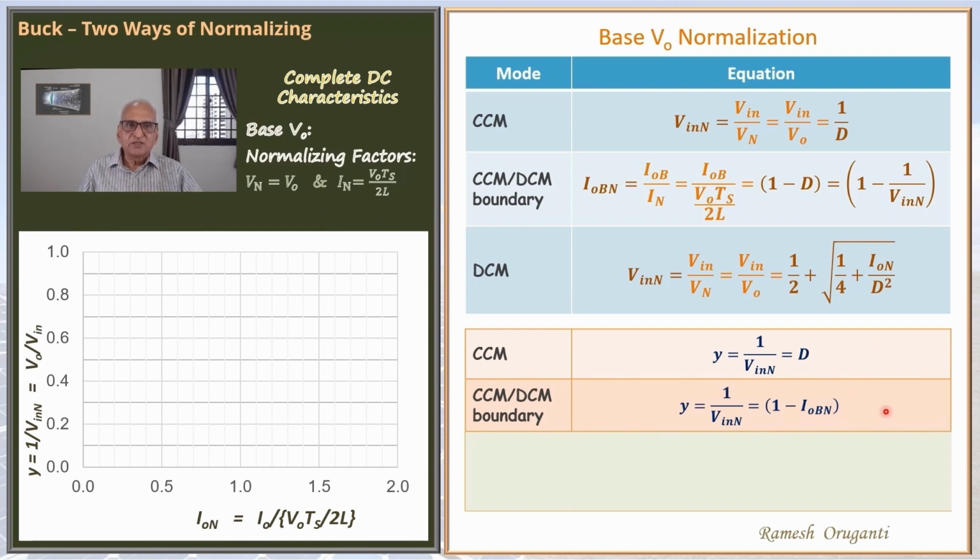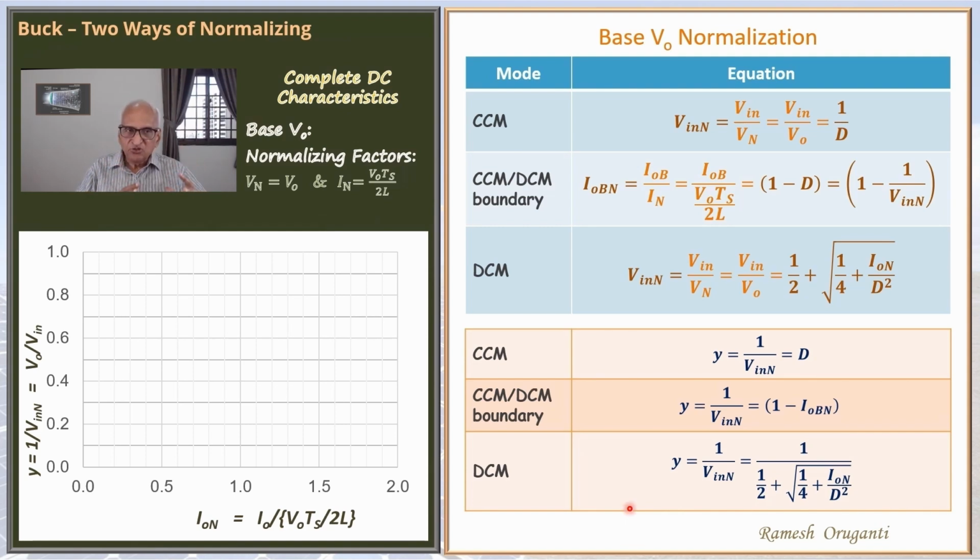Then the last one, the DCM equation will be Y equals 1 over VinN, which will be 1 over this thing on the right hand side. So that will be 1 over half plus square root of 1/4 plus I0N by D square.